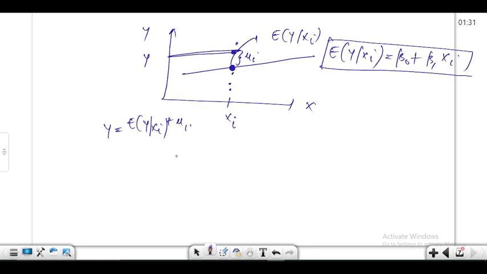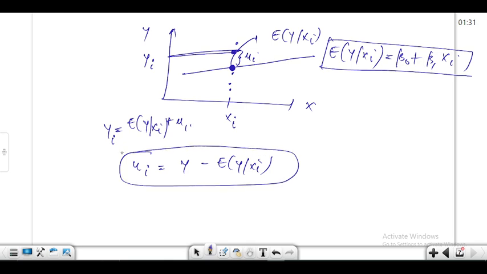Or I can write that your ui is basically your y minus E of y given xi. So the ith y value is the summation of your expected value plus an error term, which is the difference between your actual value and the expected value. So this is also how you can write your error term.